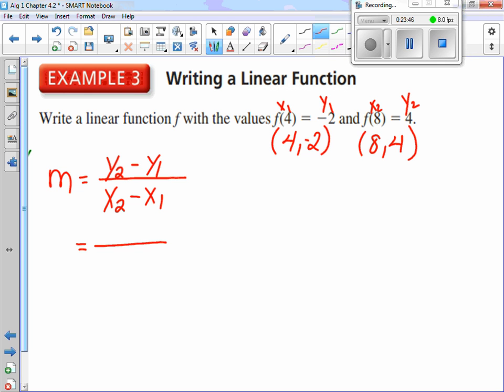What y value is going to go first? 4. So 4 minus negative 2 on top. Since we used 4 first, 8 has to go first on bottom. 8 minus 4.